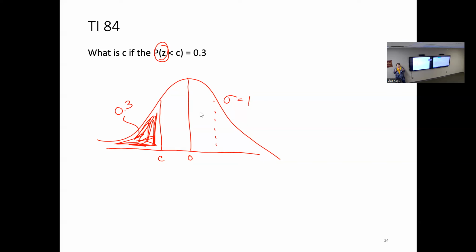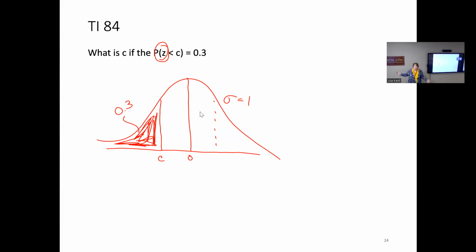Well, if the area under the curve is probability and the total area under any continuous probability distribution curve is 1, then to the right of 0 and to the left of 0, I have to have exactly 1/2. So the area under the curve to the right of 0 is 1/2, and the area to the left of 0 is equal to 1/2. So if the area is 0.3, then it has to be over here to the left.